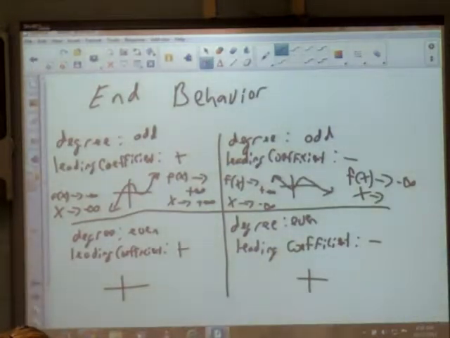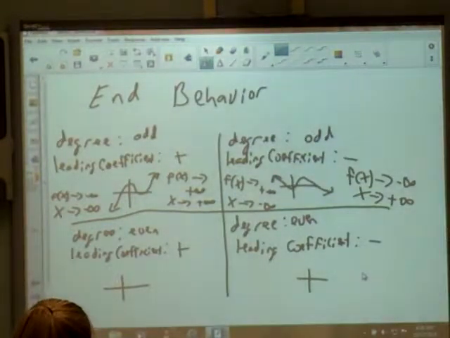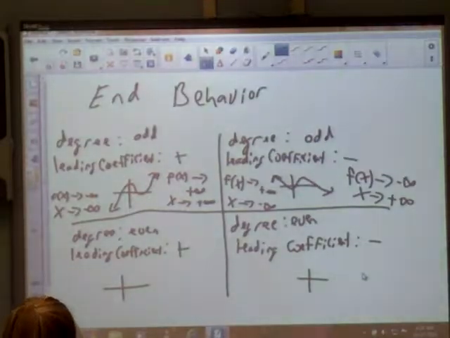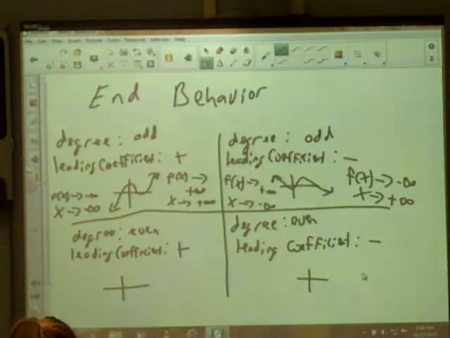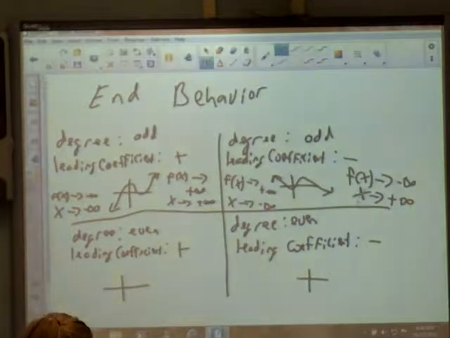To the right on the x is positive infinity. The farther down this thing goes, the more to the right it also goes.